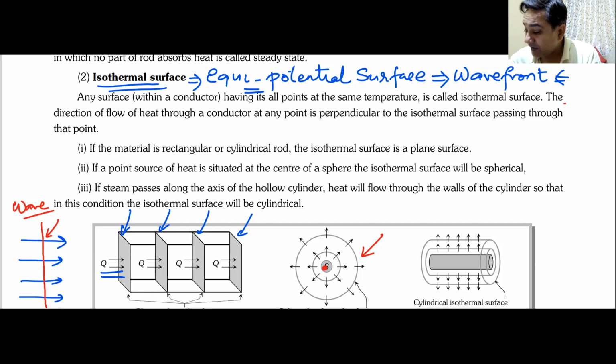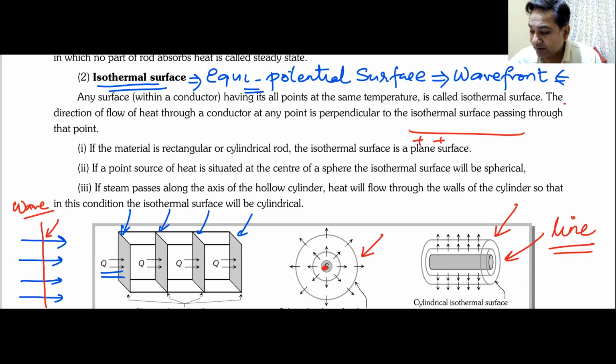Then we have cylindrical wavefronts or cylindrical isothermal surfaces or cylindrical equipotential surface. Who is going to create a cylindrical equipotential surface? All three are same. A line source. Do you remember line source? A line charge. If I have a line charge like this, what type of equipotential surface will it create?